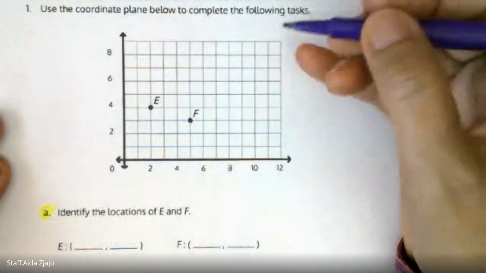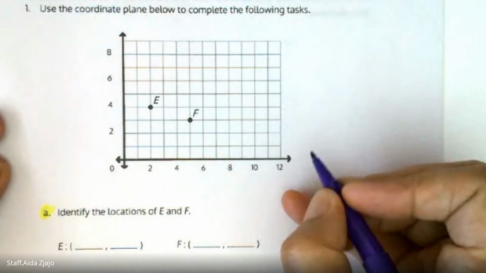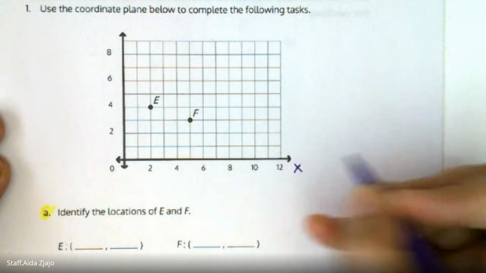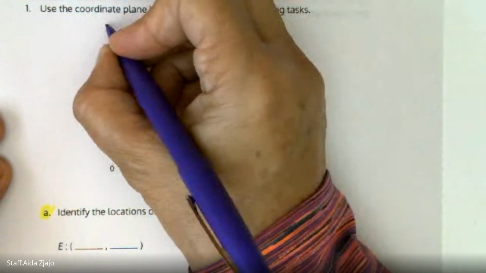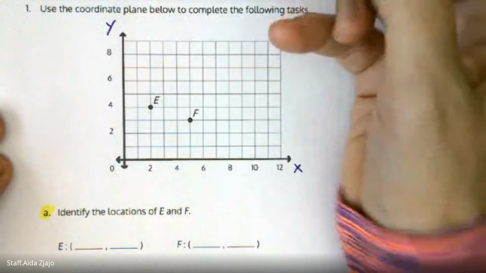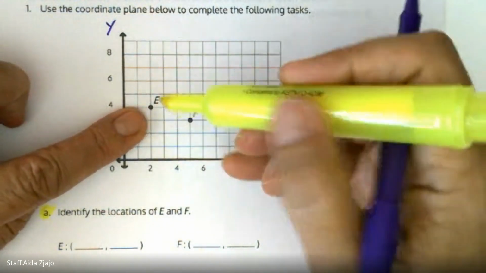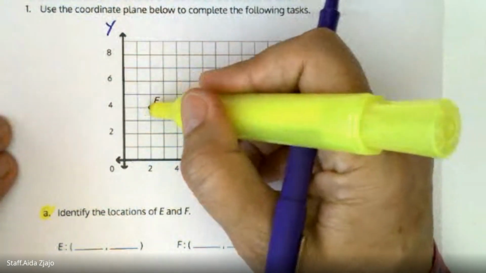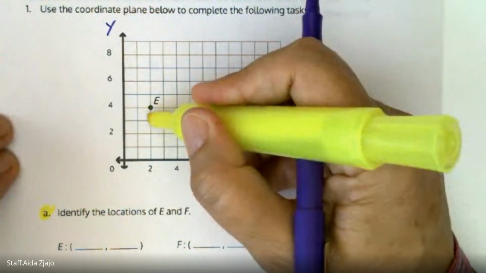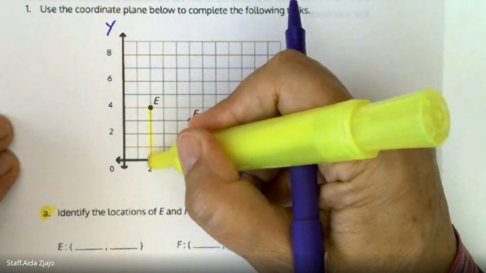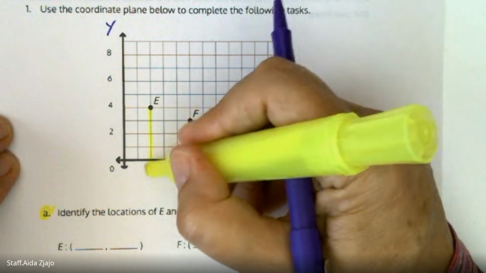Point E. So first we locate that this is the x-axis and this one is the y-axis. So I need to find x first. When I have my point E, I'm going to go down to x first. So here's my x.